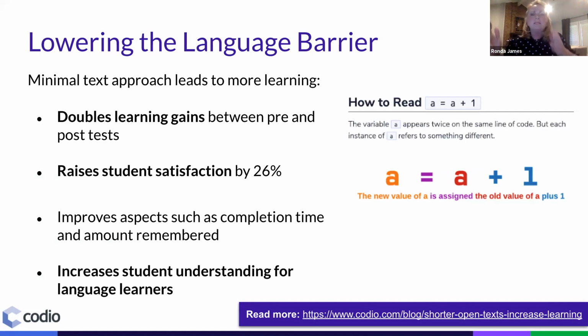We make it interactive, and we add a lot of visuals because that actually helps to raise the learning outcome and raises student satisfaction. They're going to be more engaged. They're going to want to continue. They're going to be more successful. So that's an approach that we use. Again, more visuals, more tables, and minimize that text.